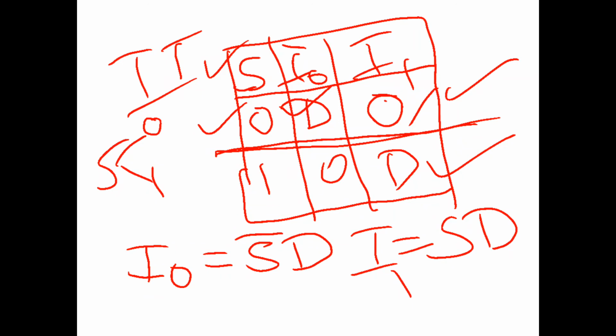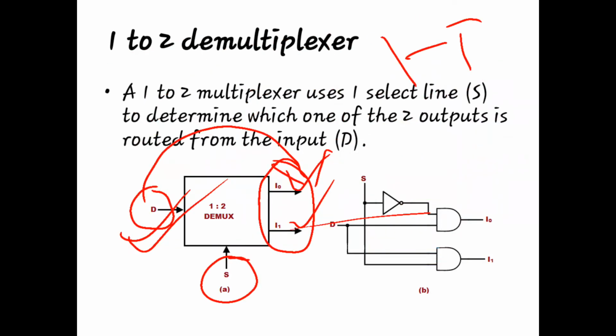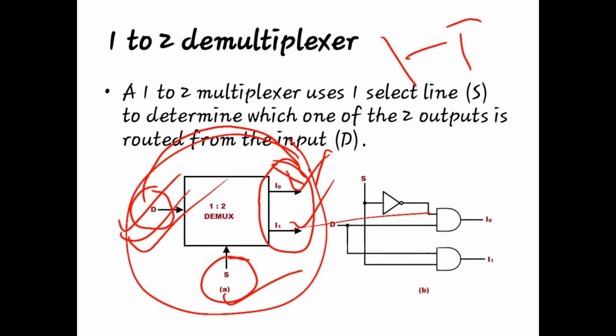So these are the two Boolean expressions with respect to this block diagram, where D is the input, S is the select line, and I0 and I1 are the symbols that represent the output line on which the given input is going to be routed depending upon the value of select line.